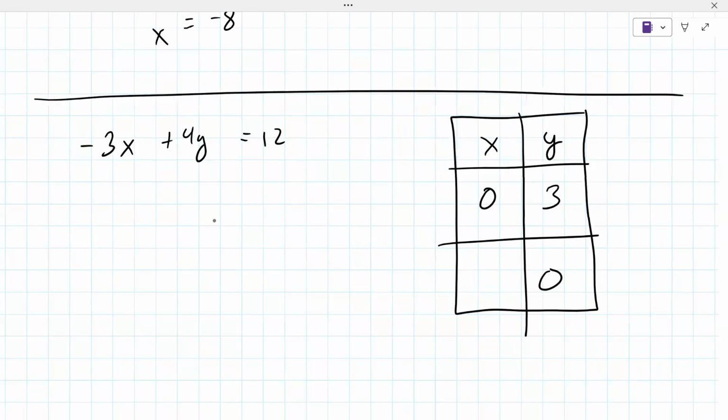Okay, agreed. And then let me do x. I'd be solving for x, so I use 0 for y. That's correct.